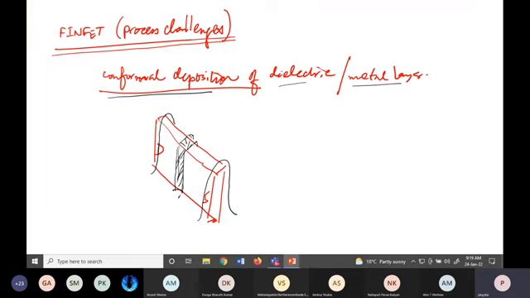Now I would like to mention three challenges associated with fin structure. One of the challenges is known as corner effect. What is corner effect?